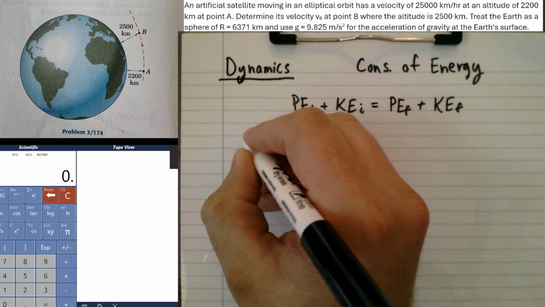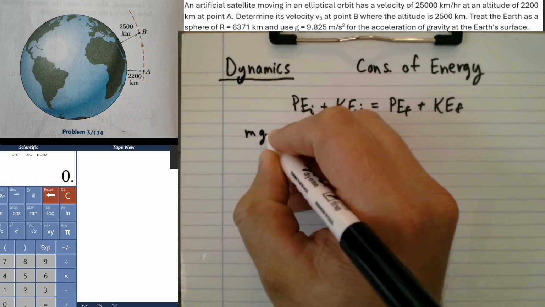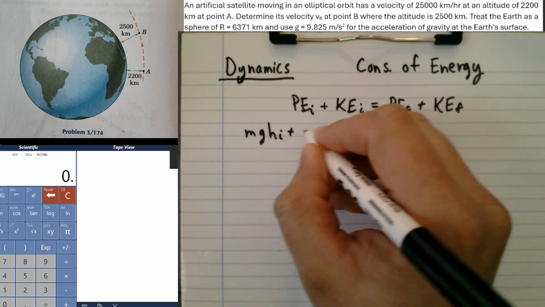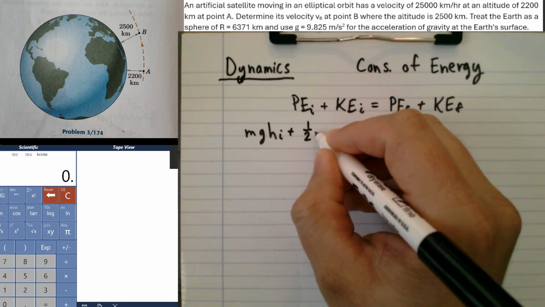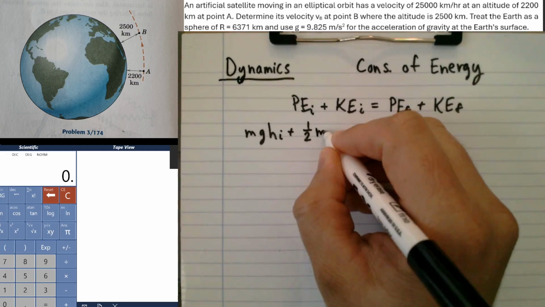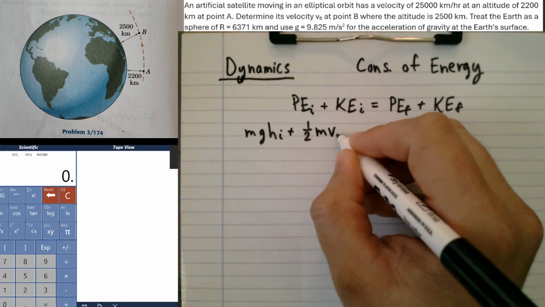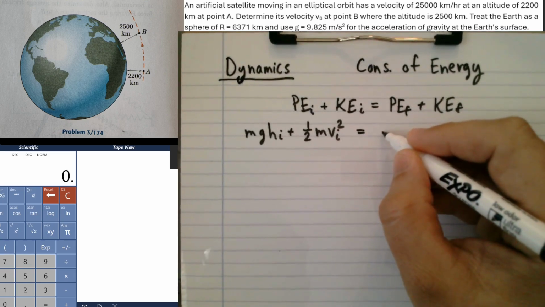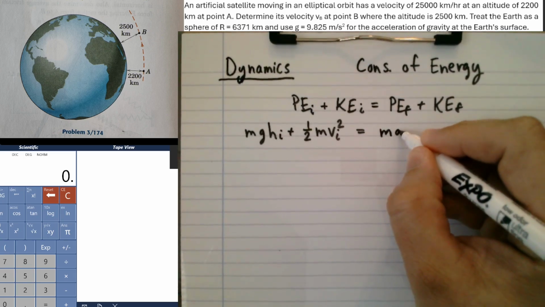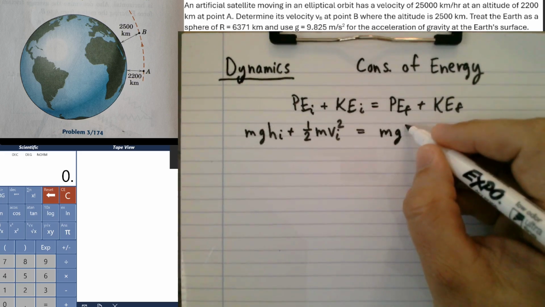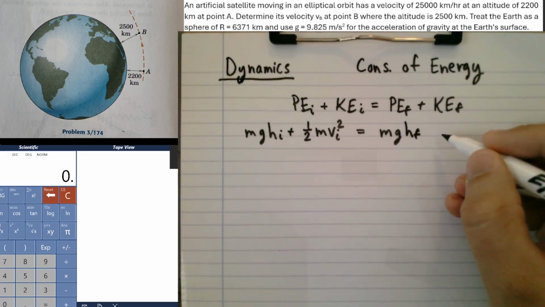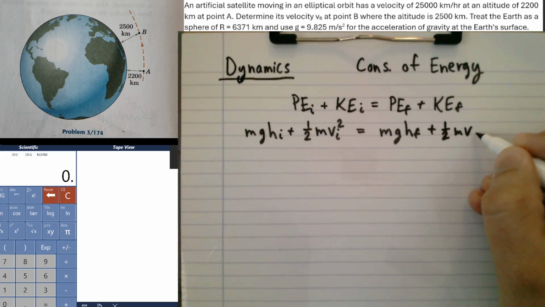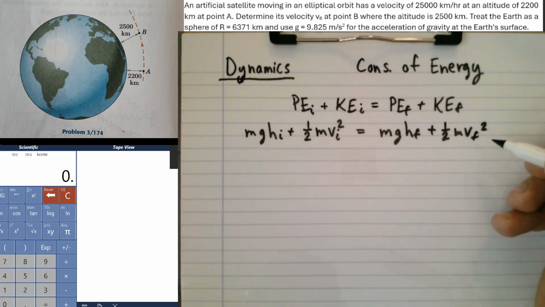We know potential energy is equivalent to mass times g times h for height, initial, plus for the kinetic energy, we can expand that into 1/2 mv squared, so the initial velocity squared here. And that's equal to the same equation just for the final on the right side. So mass times gravity times final height of the system plus 1/2 mass times final velocity of the system squared.